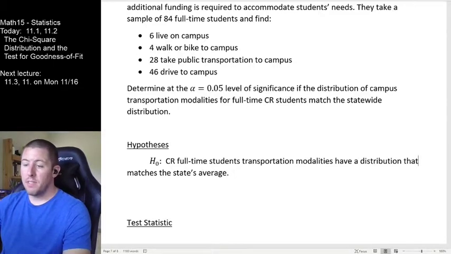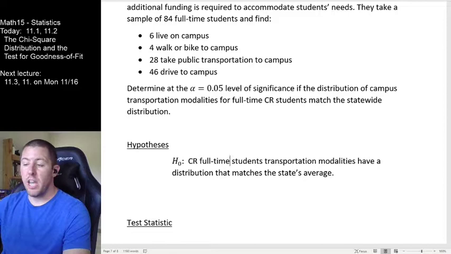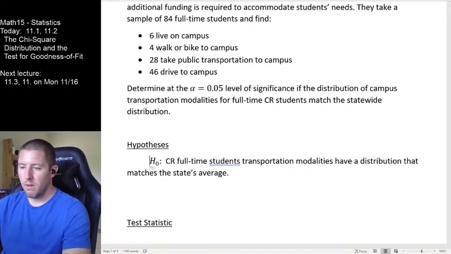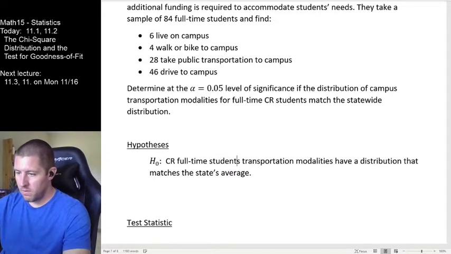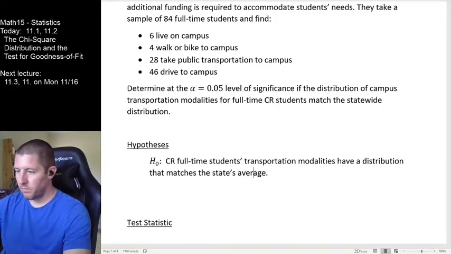So our null hypothesis says, this is our statement of no change. We are no different than the state as a whole. There is no change between the students.